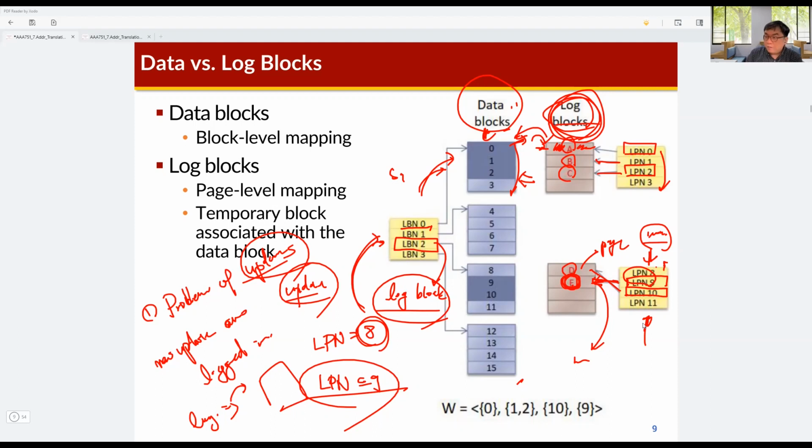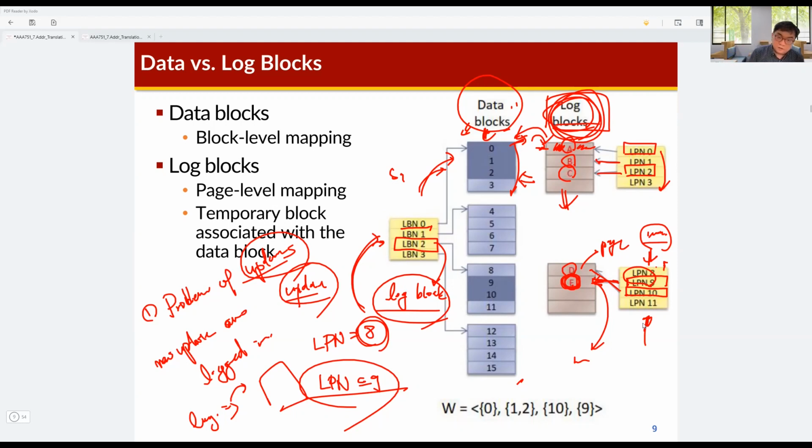Also, this is the hybrid mapping mechanism. For the normal data block, the block-based mapping mechanism is applied, and for the log block, the page level mapping mechanism is applied. But the number of log blocks is limited inside of the SSD.